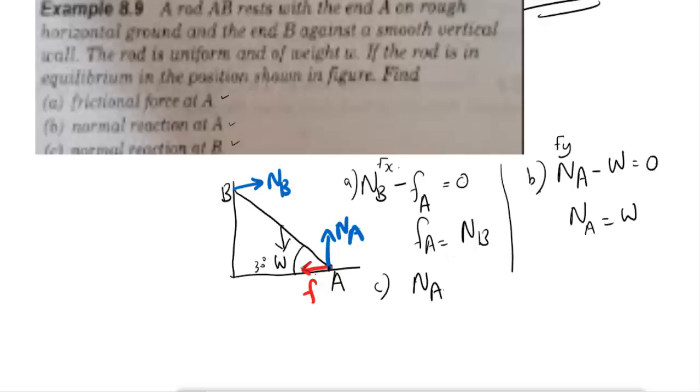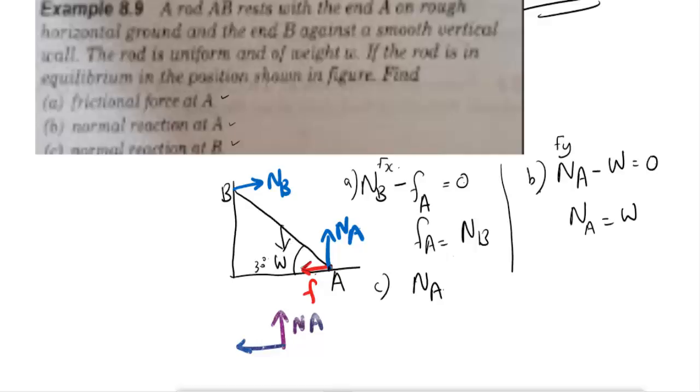NA is acting in the upward direction. Perpendicular distance means I need to know this distance, but I don't have that distance with me. Instead of that, I have this whole length.